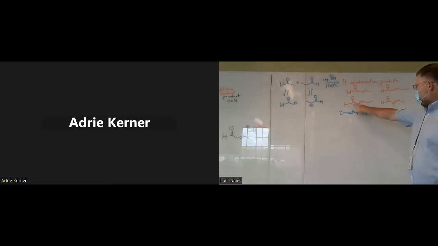So 2-methyl: the aldehyde carbon is going to be 1. That carbon is 2. It's got a methyl on it. It's where the alkene starts, so 2-pentene. And then it's an aldehyde, so al. But these other 2 are more expensive. These are harder to come by, because you get them by mixing up 2 different aldehydes, acetaldehyde and propionaldehyde.